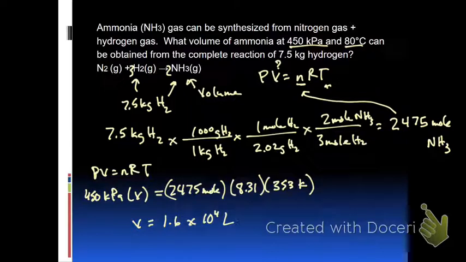Okay. So just to remind you, a lot of these problems, you have to use PV equals nRT when it's not at STP. You have to use the ideal gas law, and oftentimes you'll have to use stoichiometry to get the correct number of moles in whatever reactant or product you need.